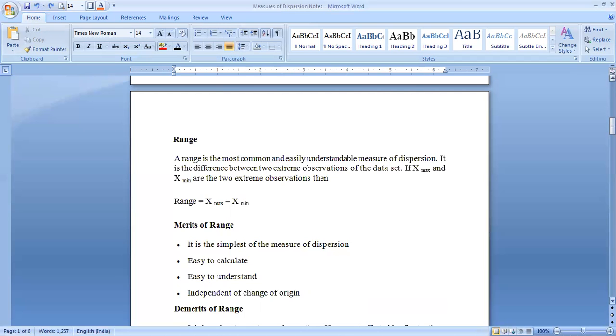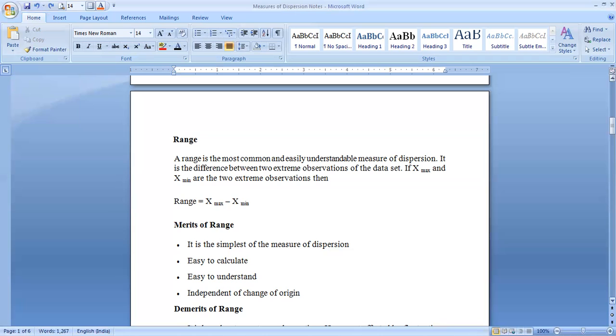Range is the most common and easily understandable measure of dispersion, and it is the difference between two extreme observations of the data set. If x maximum and x minimum are the two extreme observations, then range is given by x maximum minus x minimum.